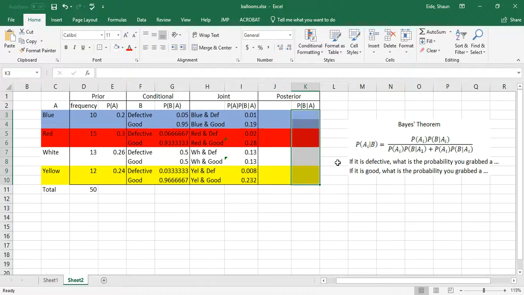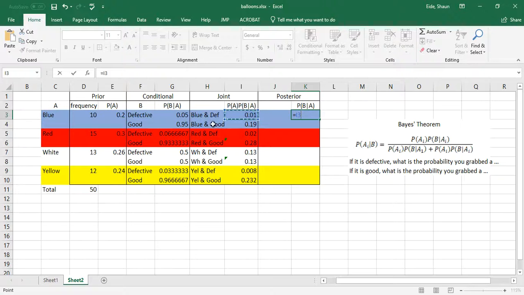And what Bayes' theorem says is you need to take the joint probability of a particular occurrence. So you take the joint probability of, for instance, the blue defective balloon, and you divide it by all the other B1 joint probabilities.